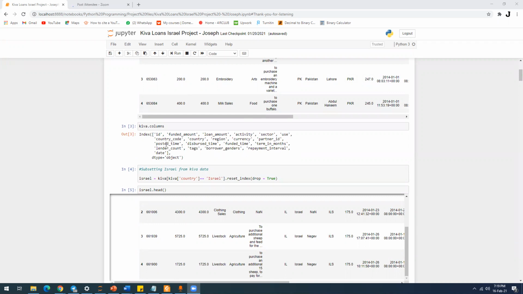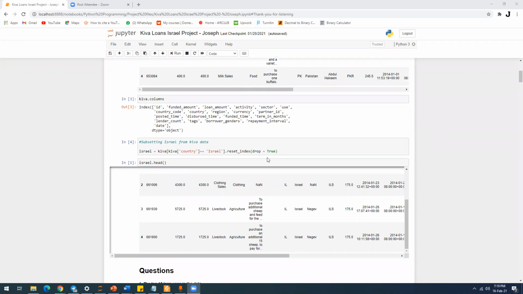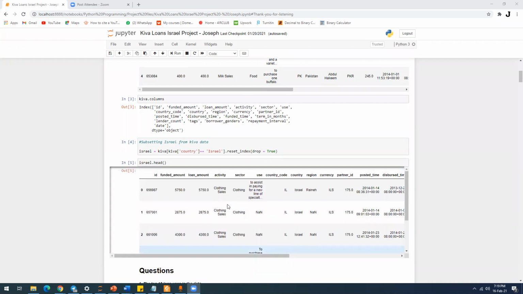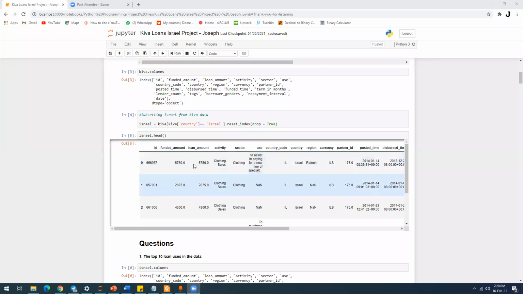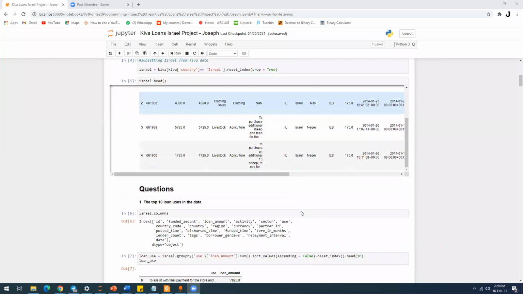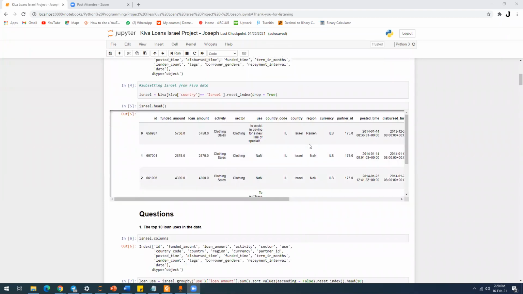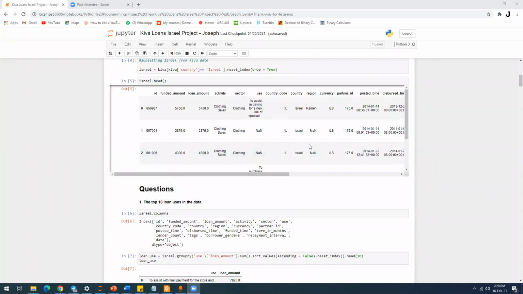From this, you can see country. So from there, I did the subset of Israel from the Kiva data. After subsetting it to Israel, this is just a check of the data using the dot head functionality. So I'm able to see now that I've been able to subset the Israel data from Kiva.